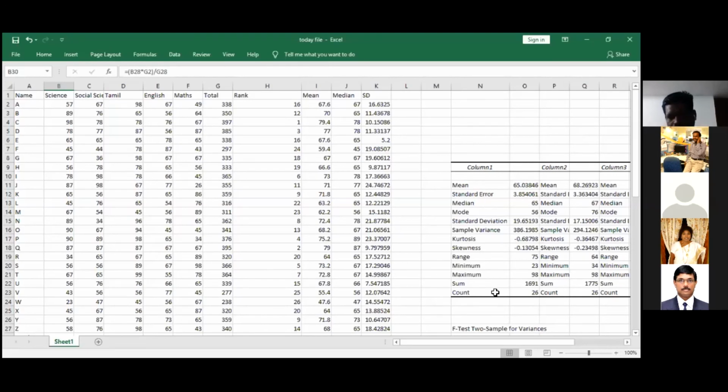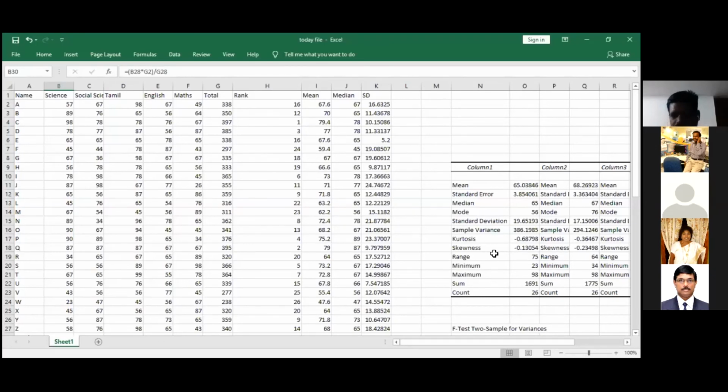So you write the inferences according to the data, connected with your results and connected with your topic also. Your results and topic must always be connected, then only your interpretation is right. Otherwise, just saying the mean value is higher for the science subject and lower for the Tamil subject is not an interpretation.